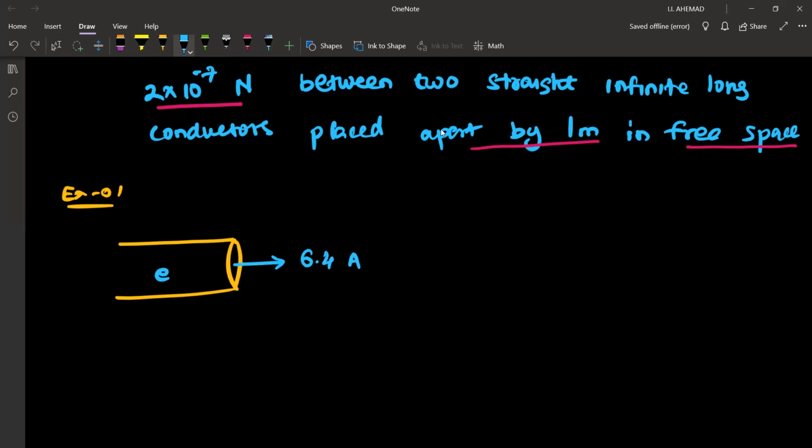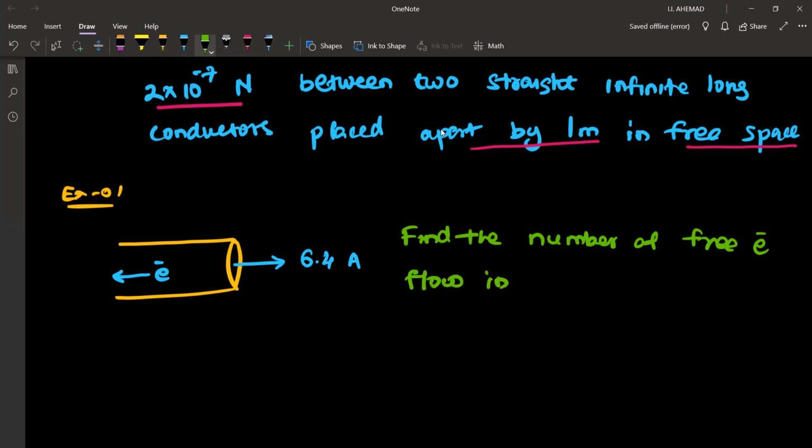We know that we will have an electron flow, right? In the opposite direction. We have to find the number of free electrons flowing in 5 seconds.